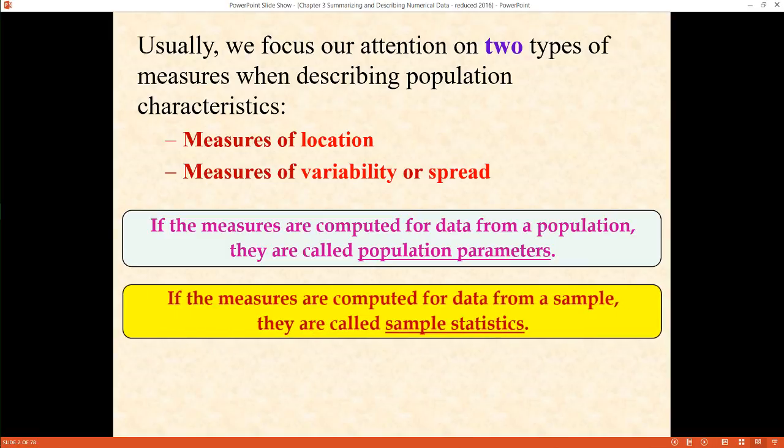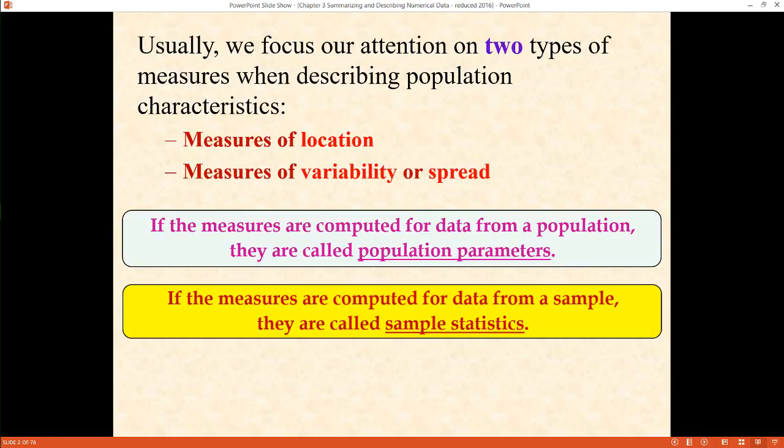And remember, what we're calculating is population parameters. Parameters state the value of some characteristic of the population. Okay, like the average from the population, average income, average height, whatever it is, average age.